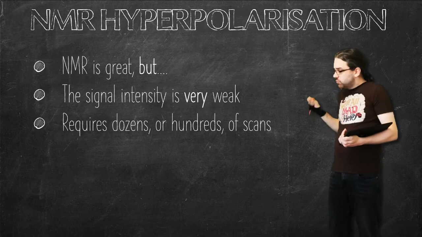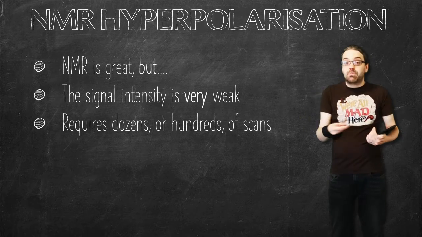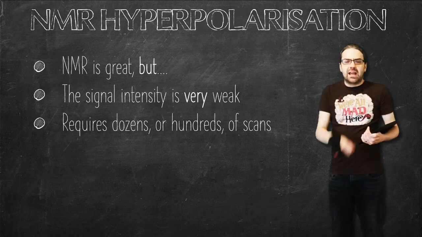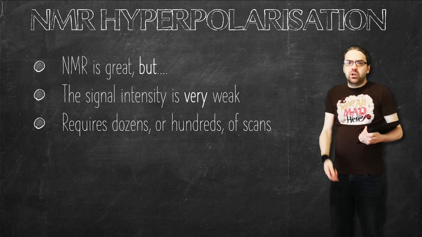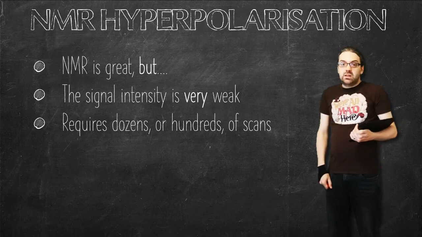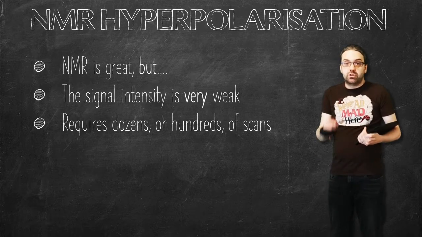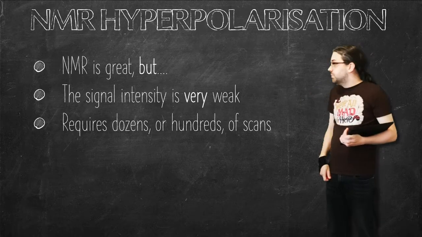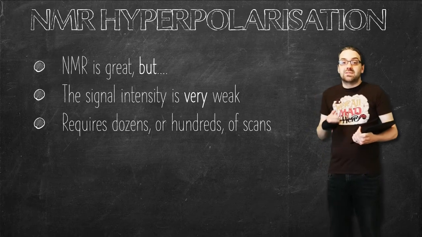So this requires dozens or even hundreds of separate scans. Usually if you're in a lab and you take an infrared, it'll scan anywhere between 4 and 16 times. NMR, you need 16, 32, 128, 256. Just, it keeps going up. You need lots and lots of scans.